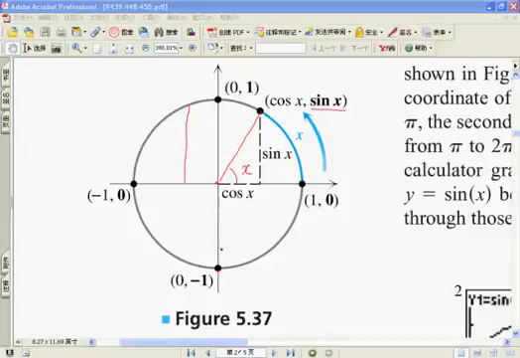And from 3 pi over 2 to 2 pi, sine x increases from negative 1 to 0. So this is how sine x changes with the input x.